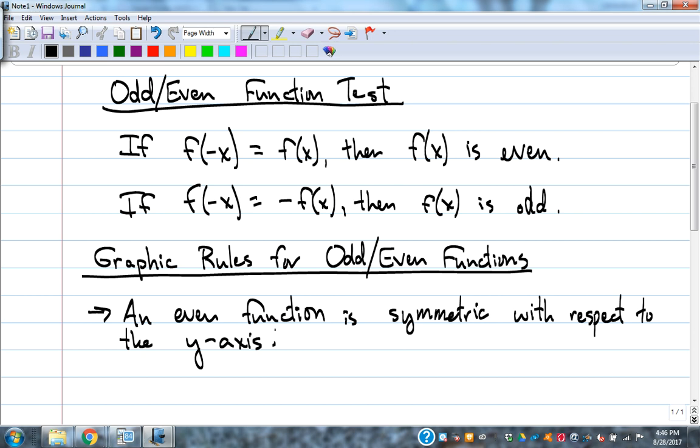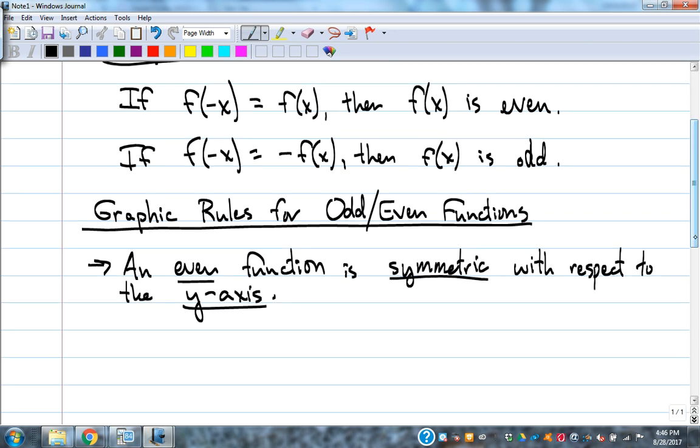Okay? What does symmetric mean? Same on both sides. It means if you folded it across the y-axis, hot dog style, it would match up on each side. They're exactly the same on both sides. So even functions are symmetric on the y-axis.